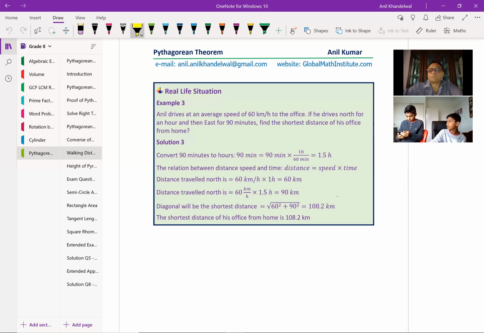What do you need to do? Yes, so you did the square root of 90 squared plus 60 squared. Did you get the answer, Devansh? Yeah, I got the square root of 11,700. And when you use the calculator, it'll be 108.2. Check it.